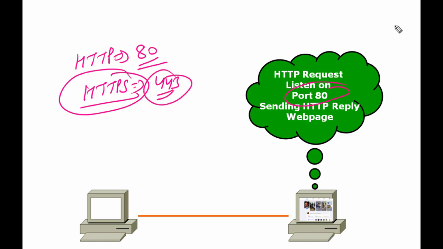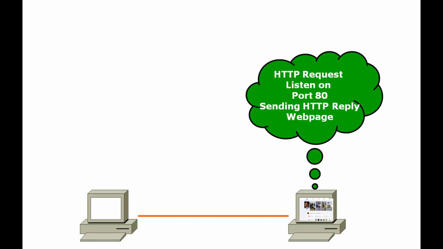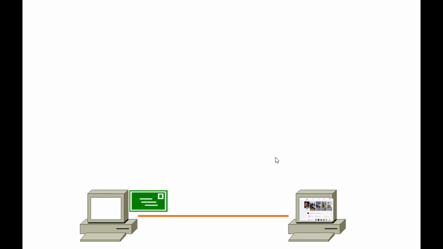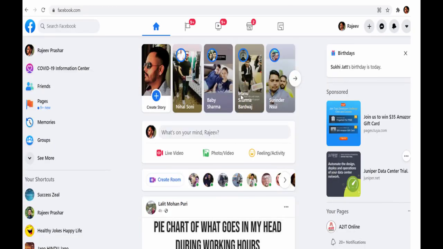So this is all about a client wanting to access Facebook. The web server is accessed only with the help of the port number. When it receives the message on the port number, it sends a reply back to your client and your Facebook is open. So this is my Facebook. I have accessed it.